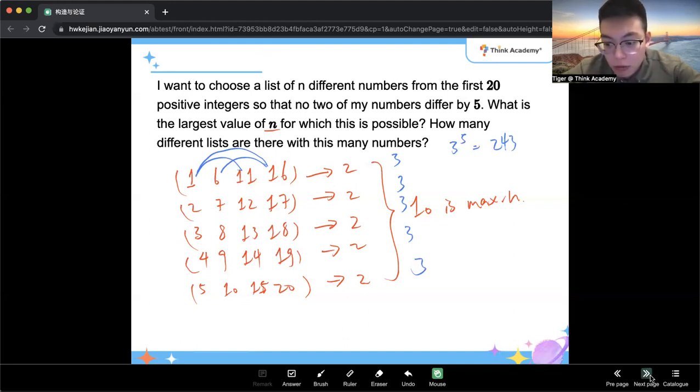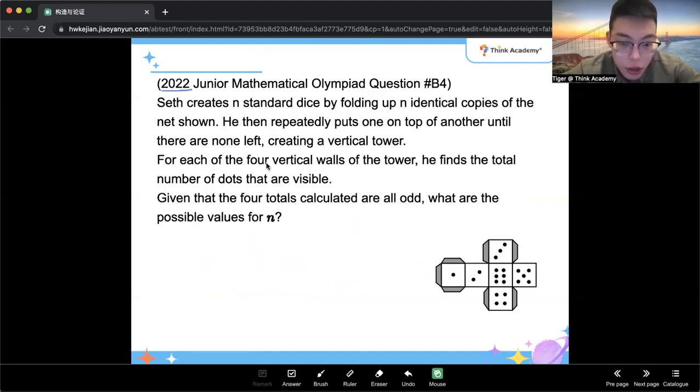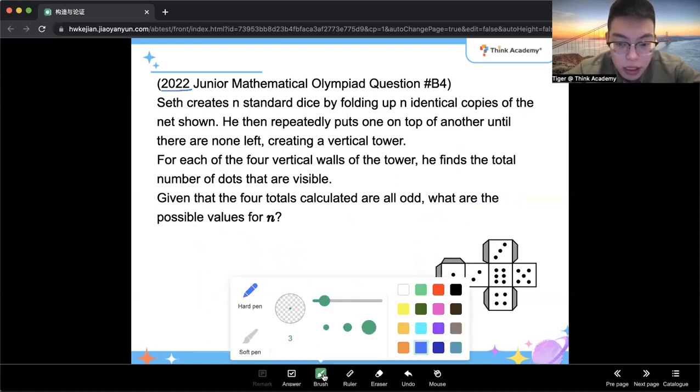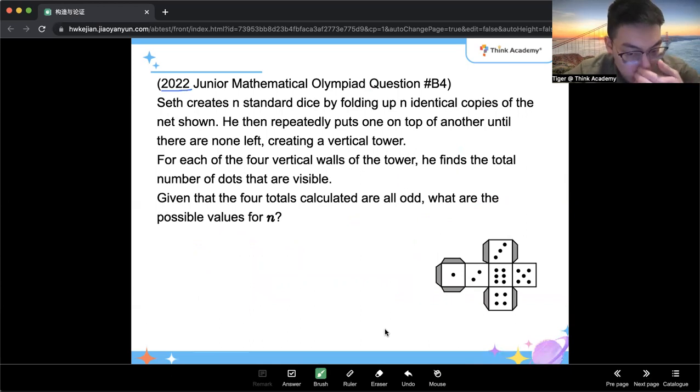All right, so let's take a look at the next question, 2022 B4. So I realized that they really like to have these kinds of construction or proving questions in 2022. And if things go well, it might as well just be a similar standard this year.